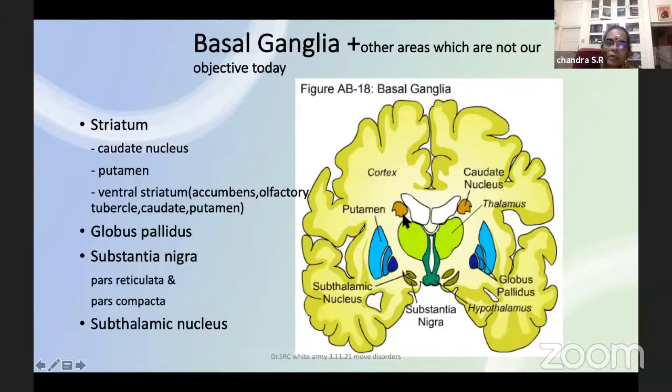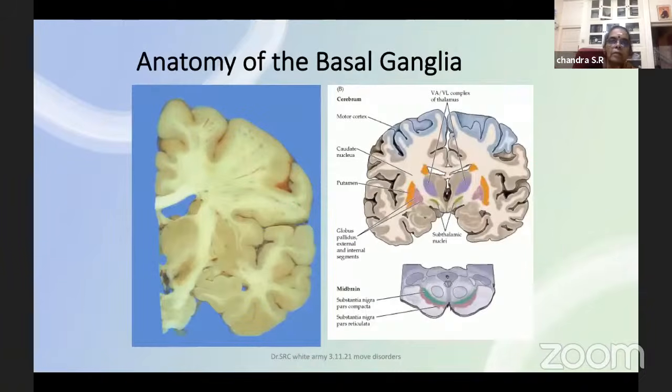So this is caudate, putamen, globus pallidus, interna, externa. This is substantia nigra, and below the thalamus we have got the subthalamic nucleus. The substantia nigra has got two parts: one is the pars reticulata, another is the pars compacta. So that is in short the subcortical gray matter.